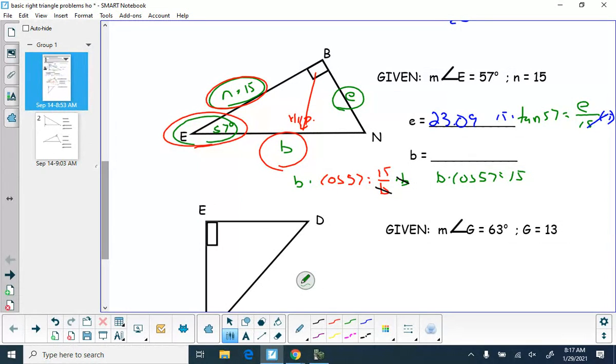Allie Jackson, what do we got to do here? What should we do to get rid of that cosine of 57? I have b times cosine of 57. What can we do to get rid of the multiplication by it? Divide by it. That's correct. So we're left with 15 divided by the cosine of 57.